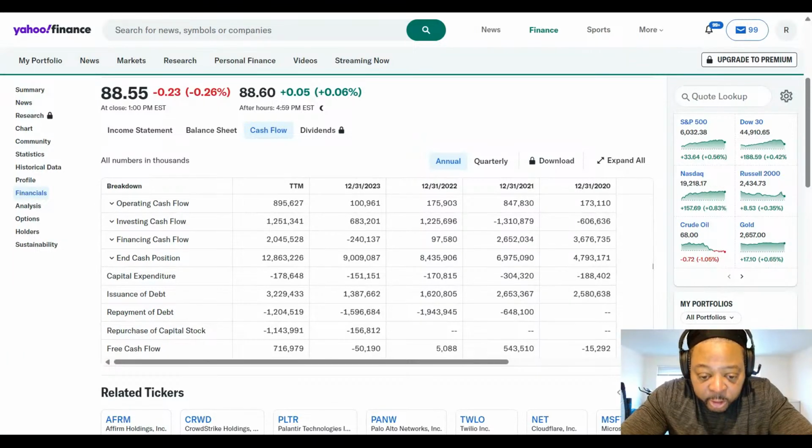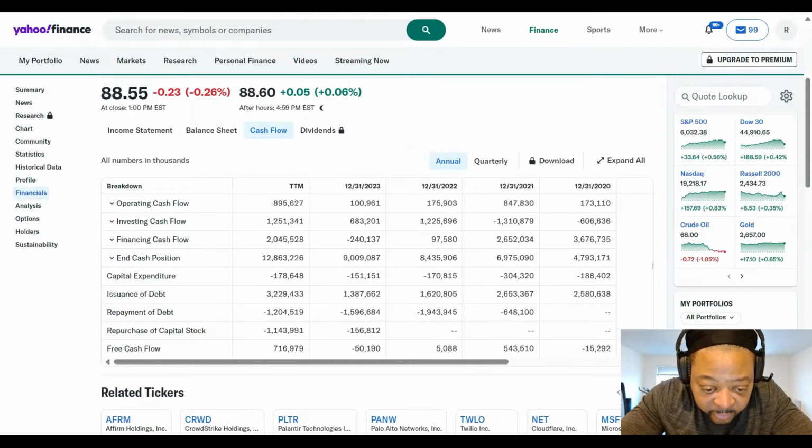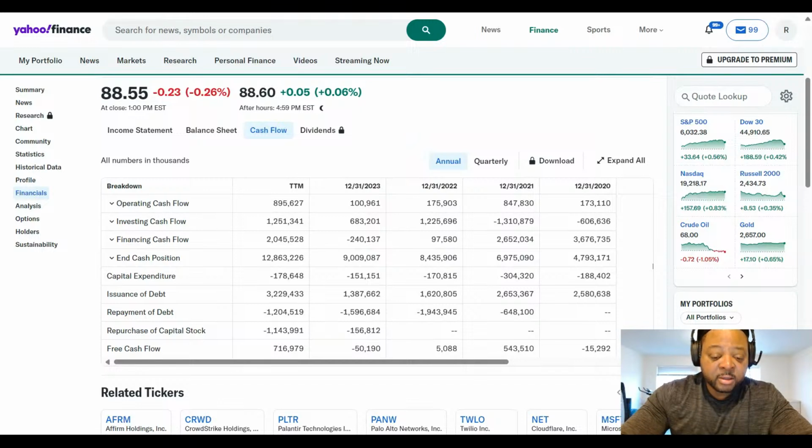Here you go, 2021, 534,000. That's free cash flow. Okay, 5,000, and I think this is multiplied by 1,000, but I'm not sure. So free cash flow negative 50,190.